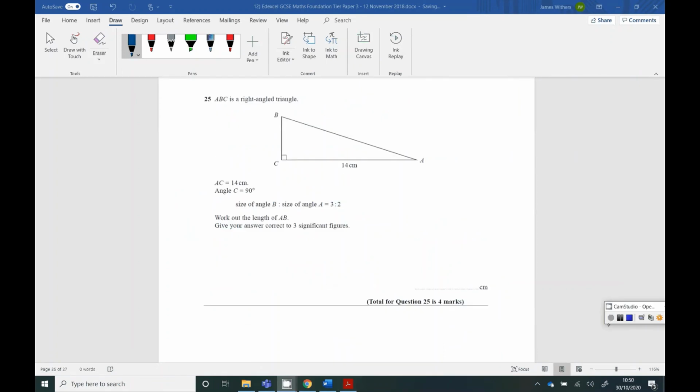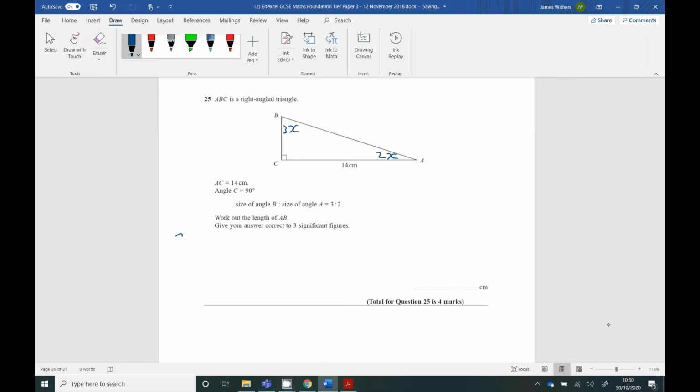Question 25. We're told the size of angle B to the size of angle A is 3 to 2. So let's call that 3x and that 2x. Now, what do we know about those two angles A and B? Together they must add up to 90 degrees, because angles in a triangle add up to 180 degrees, and this angle at C is 90.